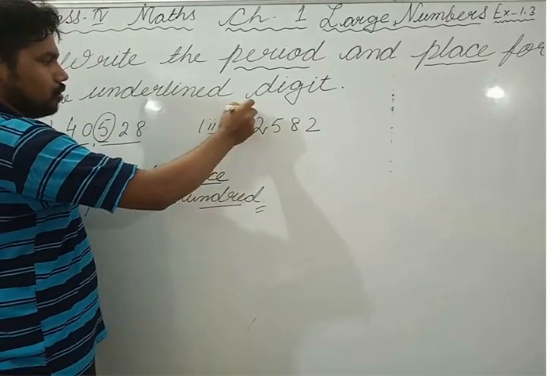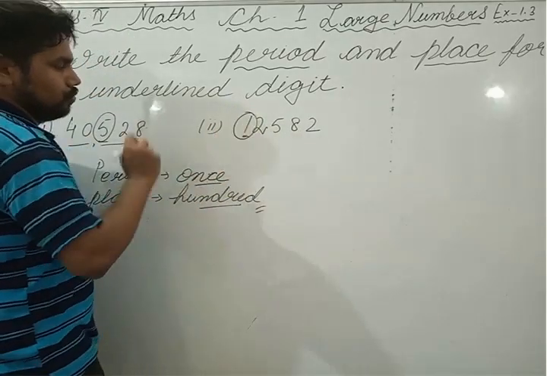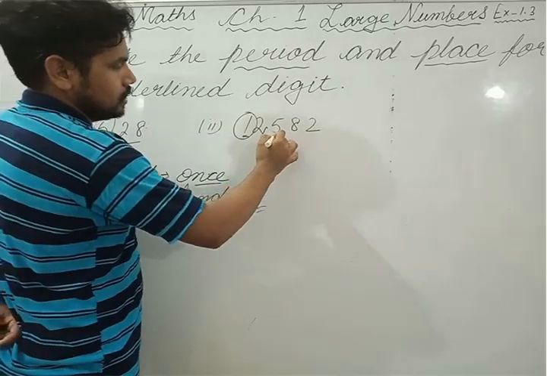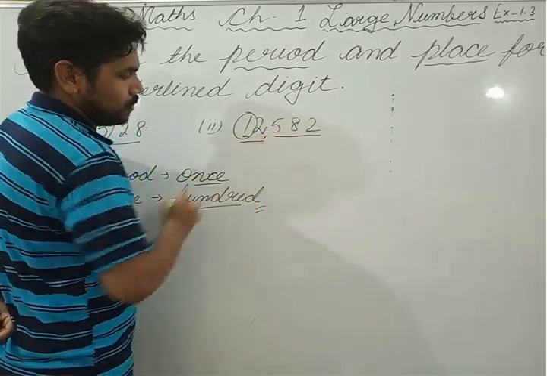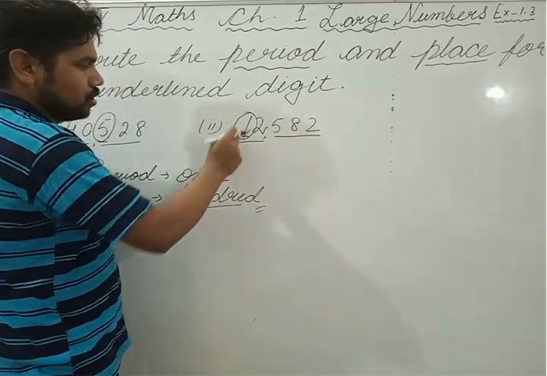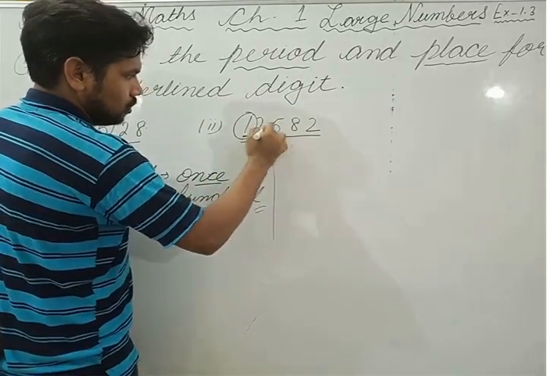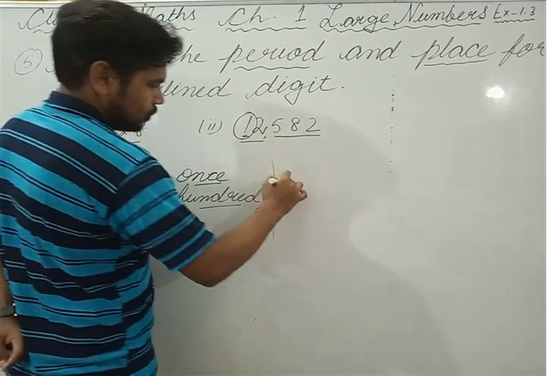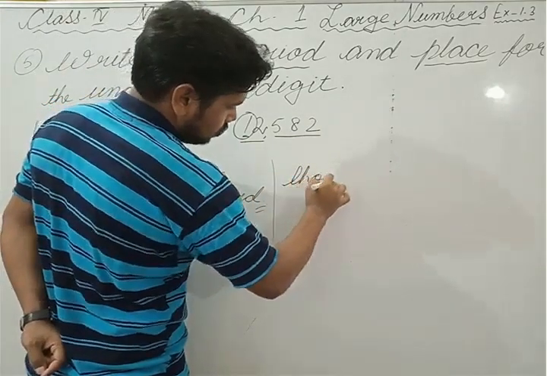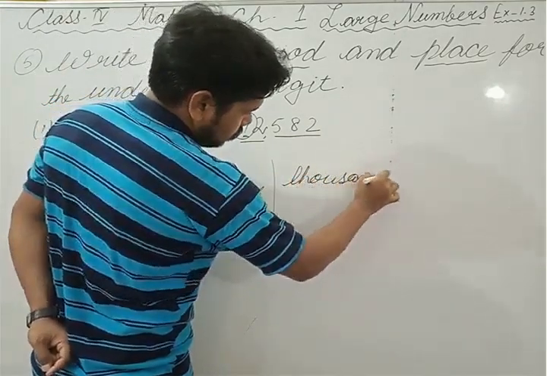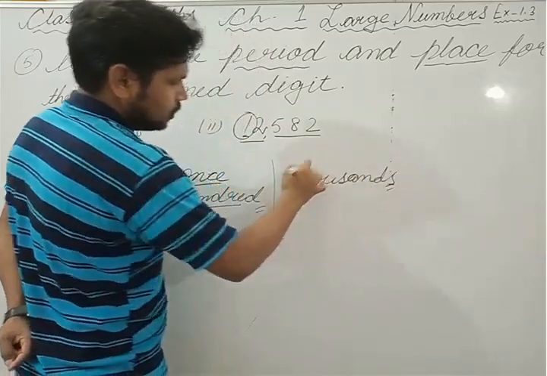Now if we are talking about this one, which period is it in? These three are in the ones period and these two are in the thousands period. So in the case of period it will be thousands. It is in the thousands period.